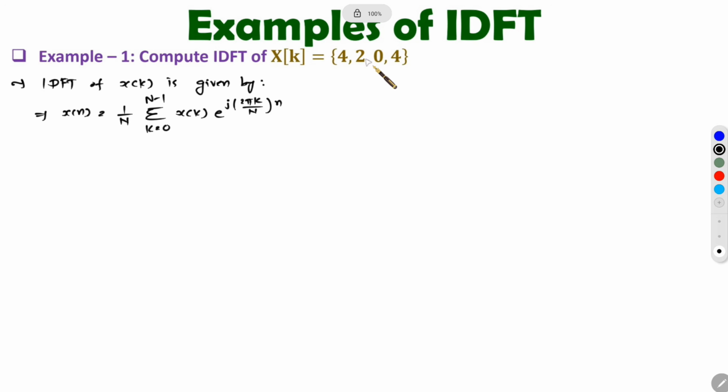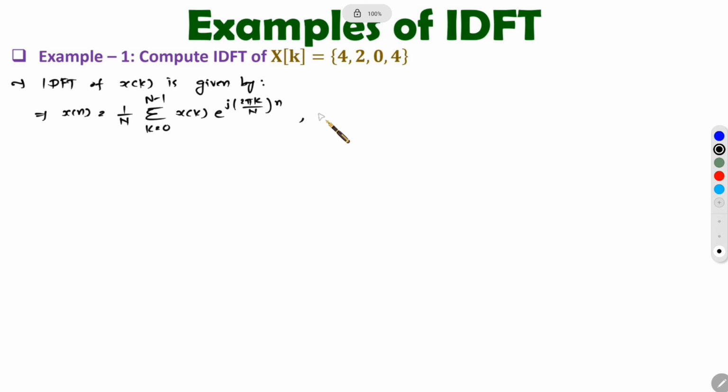See, here we have 4 points. Obviously, with x of n also we will have 4 points. So first of all, we will identify x of 0 by substituting n equals 0. Here this value of k will range from 0 to capital N minus 1. When you want to calculate x of n, the number of points will be equal to the points there with the IDFT.